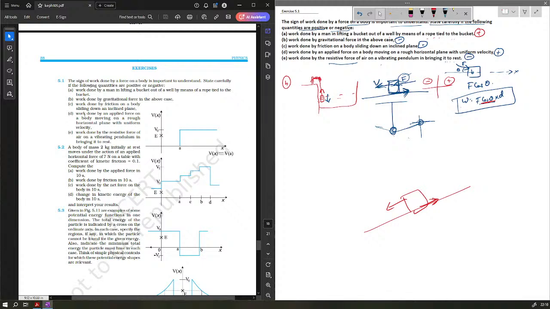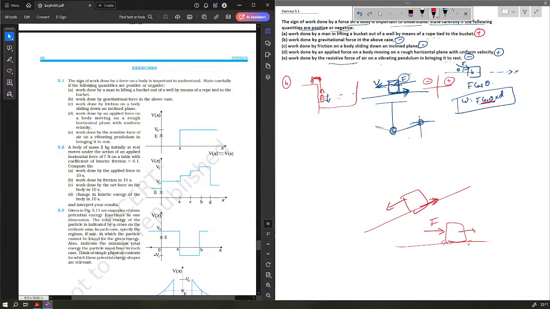In the fourth case, we have work done by an applied force on a body moving on a rough horizontal plane with uniform velocity. The surface is rough over here, and we are asked that if on a body there is a force F applied, and the body is moving in the direction of force on a rough surface.